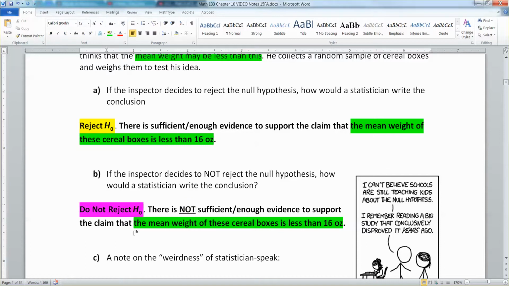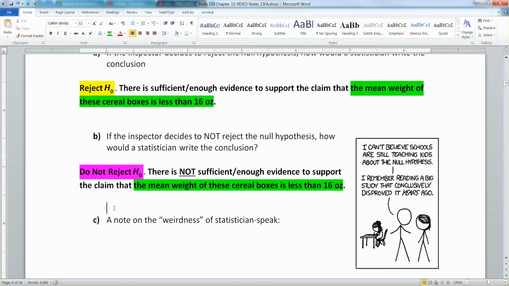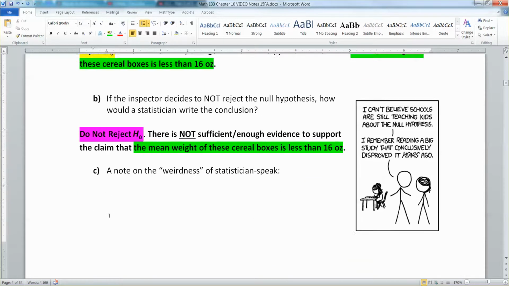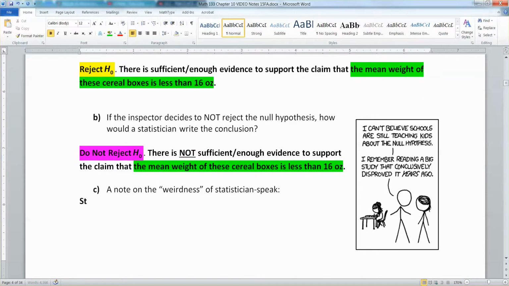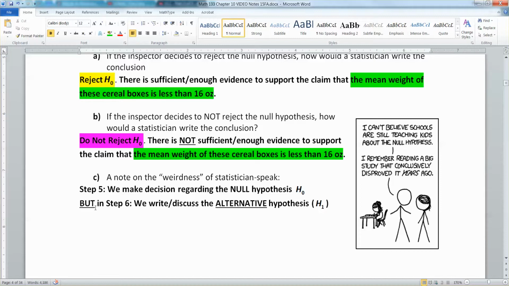Now notice this is kind of strange. We decide to reject or not reject the null hypothesis in step 5. So in step 5, the decision is regarding the null hypothesis. But in step 6, we write about the alternative hypothesis.